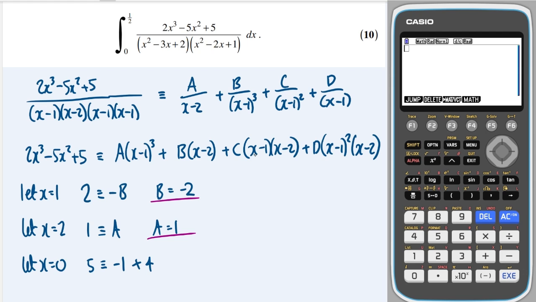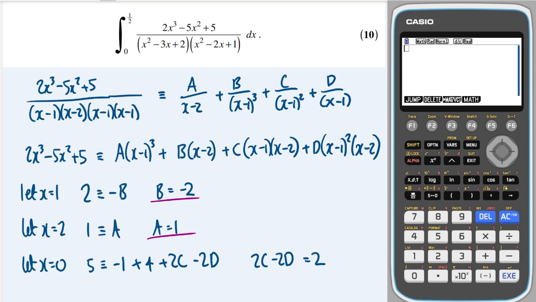And then here we're going to get minus 1 times minus 2 is positive 2, so plus 2c. And here we will get, that's just 1, because it's squared, and then times by minus 2, so that's minus 2d. Okay, so that tells us that 2c minus 2d is equal to 2.